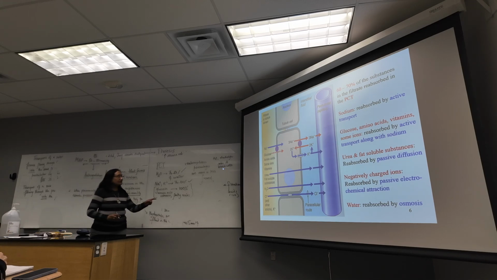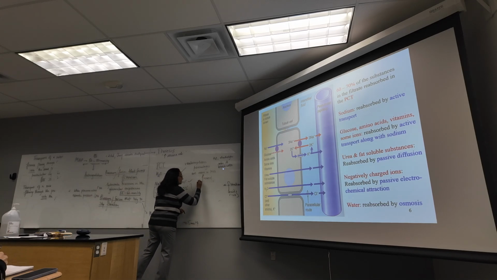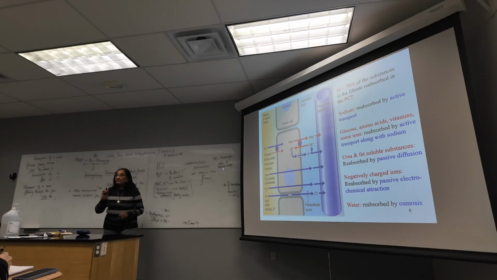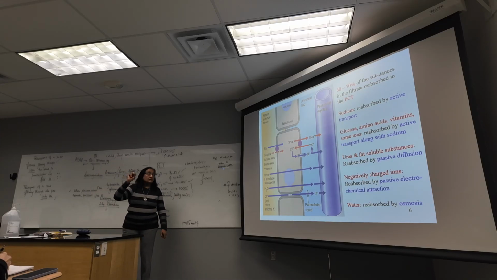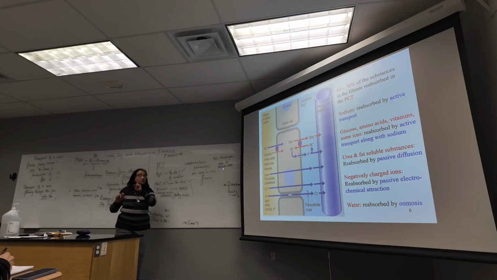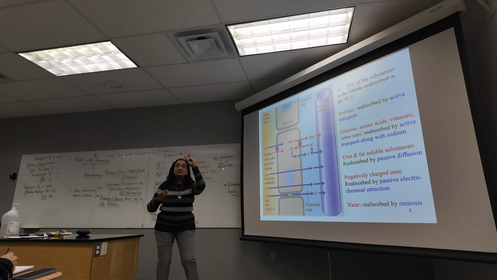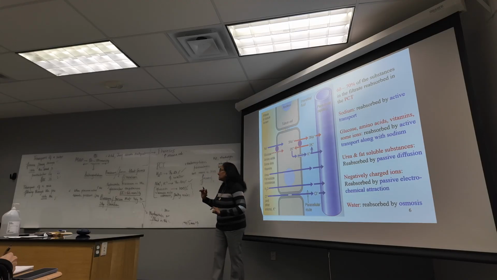What I mean by fixed is that even if the body requires more water, the proximal convoluted tubule will not increase the reabsorption of water. It will still be 70 to 80% of water from the filtrate.